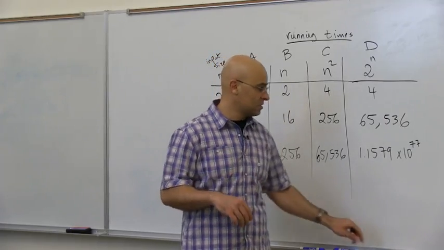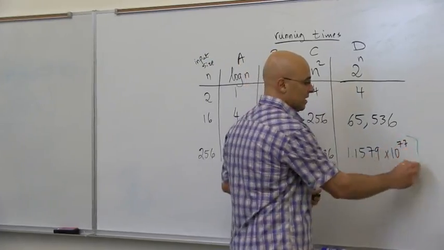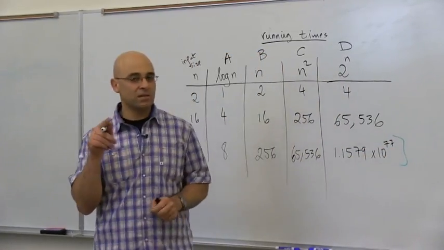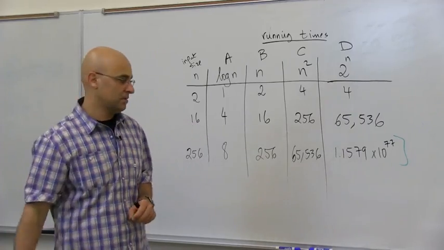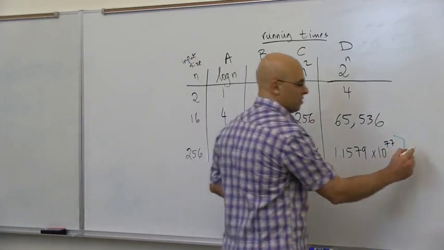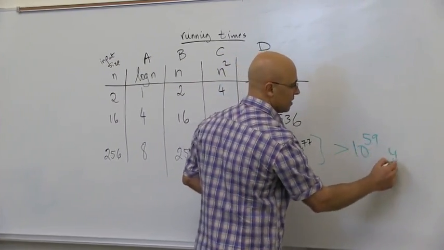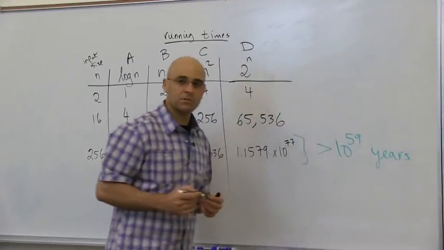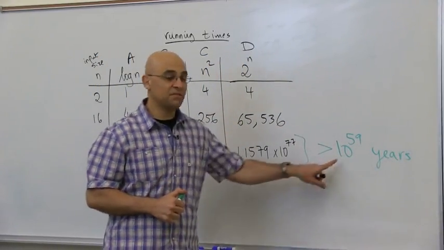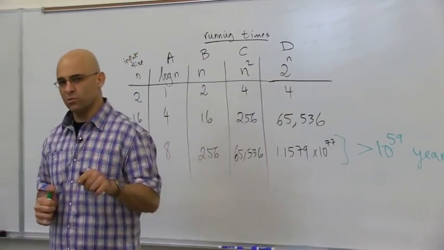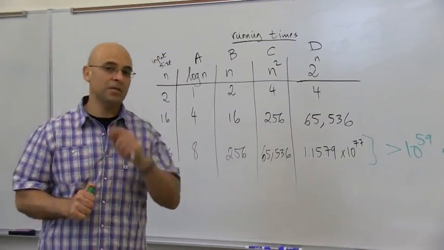If you do that exercise, you will find that even if your computer can deal with 10 billion operations a second, this is going to take more than 10 to the 59 years. Okay? That's if we assume that the computer can do 10 billion operations.